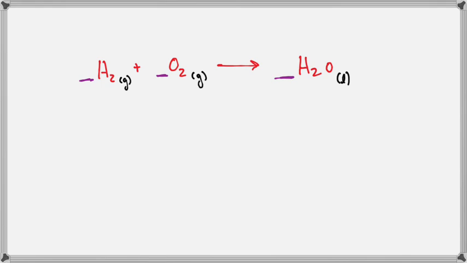That's not relevant to my discussion. I'll typically drop the phase off. So when we're looking at balancing, what you're trying to ensure is that you do not create or destroy matter. That's kind of the bottom line. So when we look at this left and right, this is an equality. The left side must equal the right side.